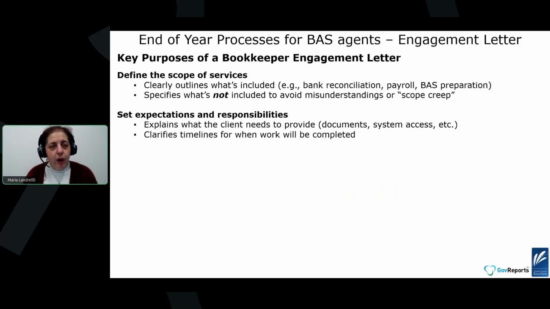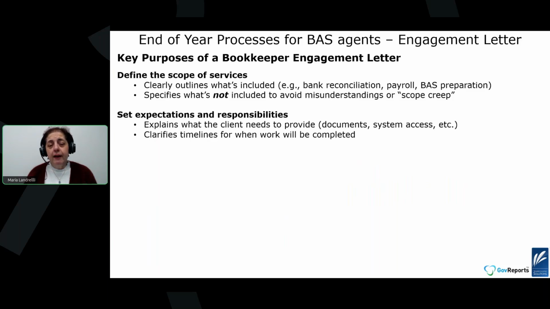Now, if you don't have one, go to your associations. I'm assuming a lot of the listeners are either ICB members or ABM members, or if you're a member of one of the tax associations like IPA, they all have documentation. I would suggest that if you haven't reviewed your engagement letter and just kept it rolling over year on year, which is what I tended to do.